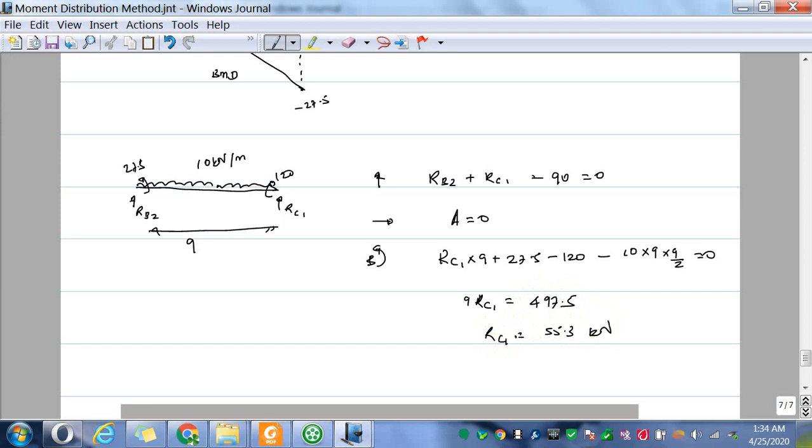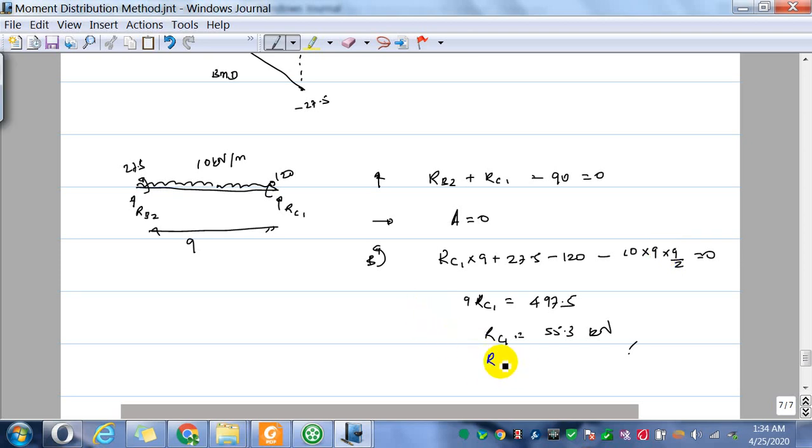That is obtained by 90 into 9 is 810 divided by 2, that is 405 plus 120 minus 27.5, that is 497.5 divided by 9, 55.27, but it's 55.3.